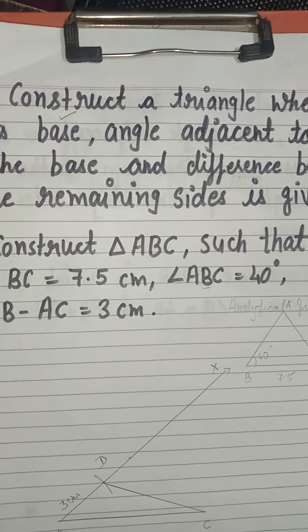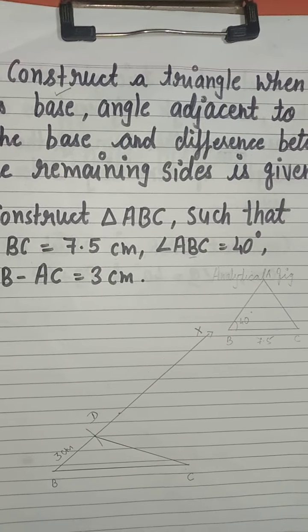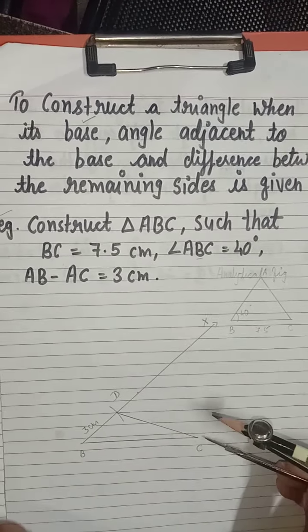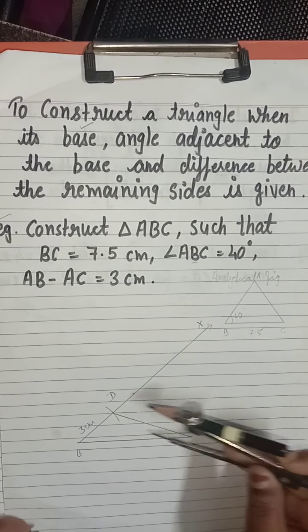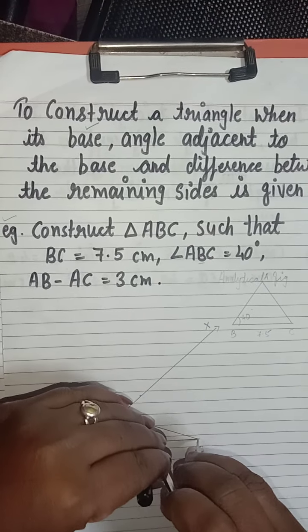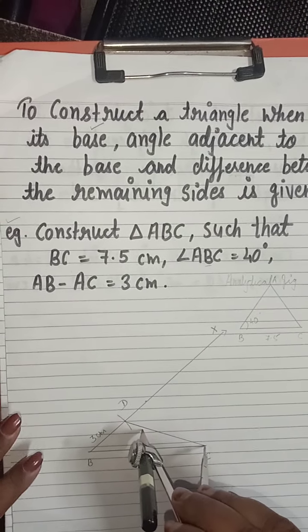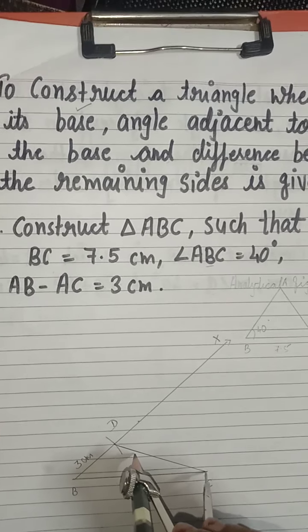Now we have CD. Now we will draw the perpendicular bisector of CD. How to draw the perpendicular bisector? You can see my video, where I have already shown how to construct a perpendicular bisector.